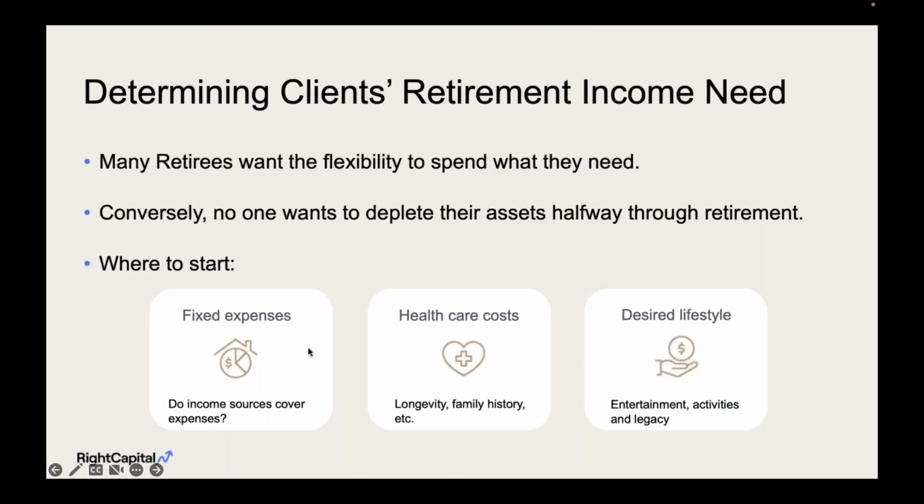We know that typically, if you're working with a pre-retiree, you might be first trying to understand what kind of income need are we trying to fund over retirement. And many retirees, of course, want just the flexibility to spend what they need to, but conversely, no one really wants to deplete their assets halfway through retirement.